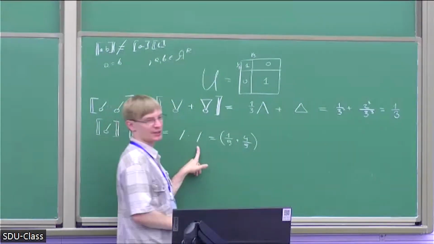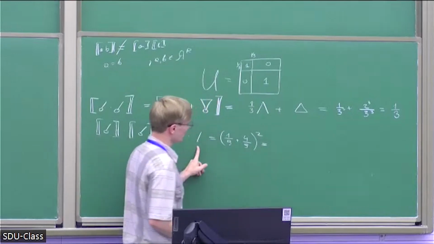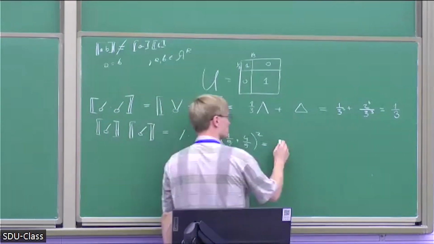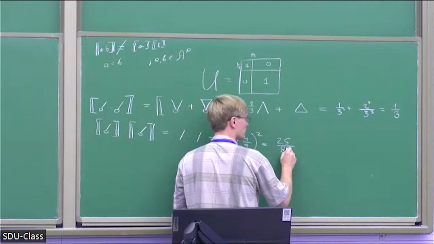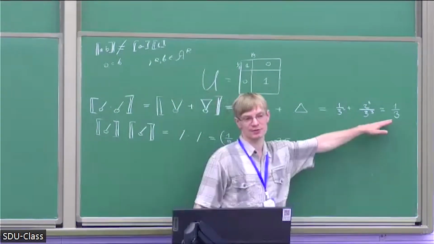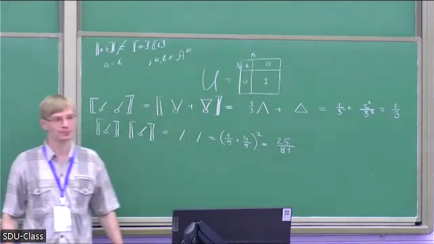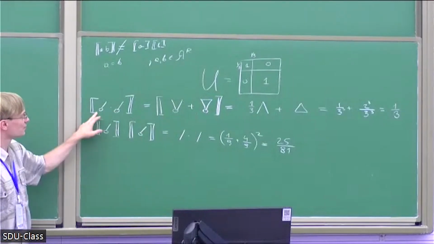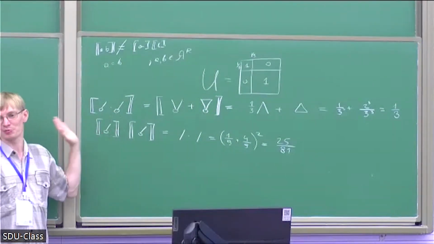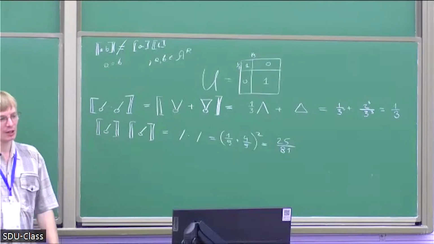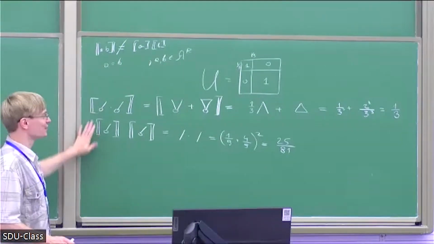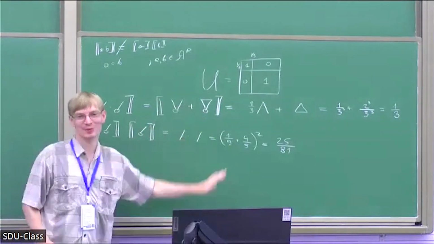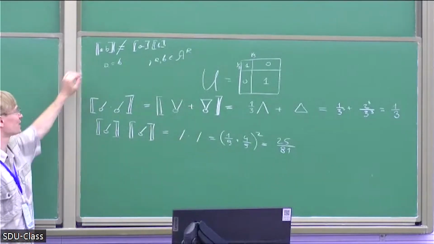And I multiply by the same. It's 5/9 squared, 25/81. And you can easily see that this is something completely different, even despite the fact that I was multiplying the same element. So that was practice of the calculations that we were learning yesterday.